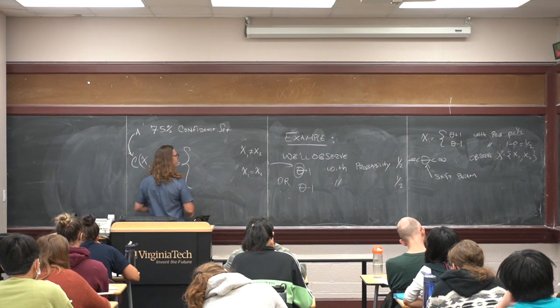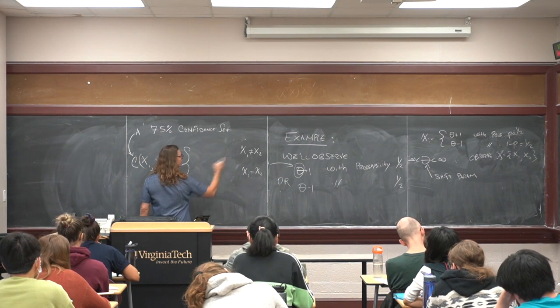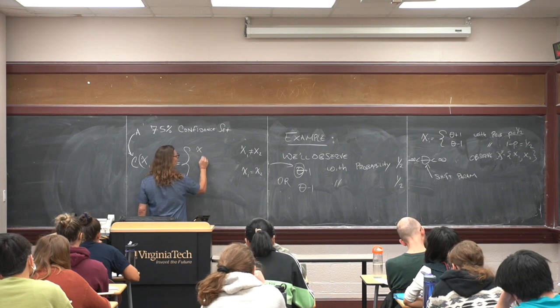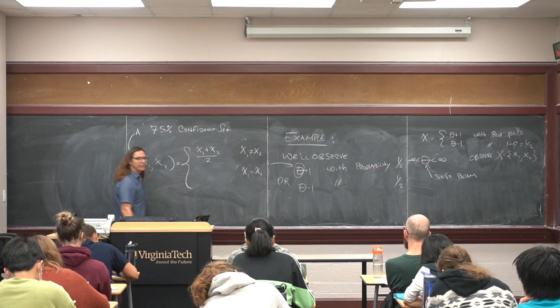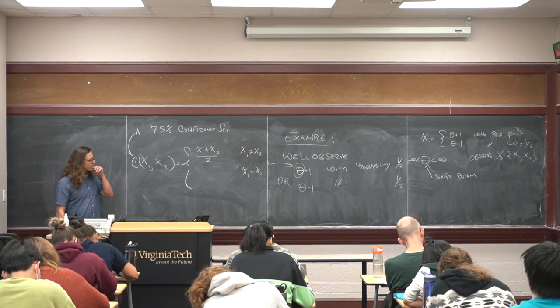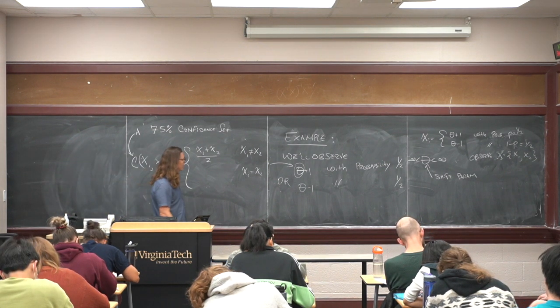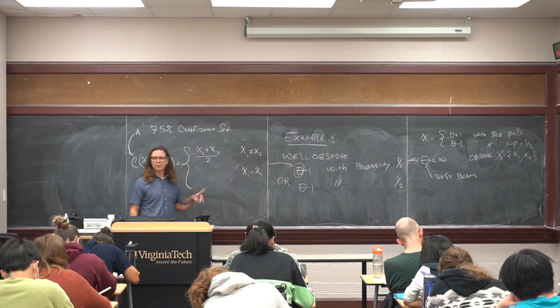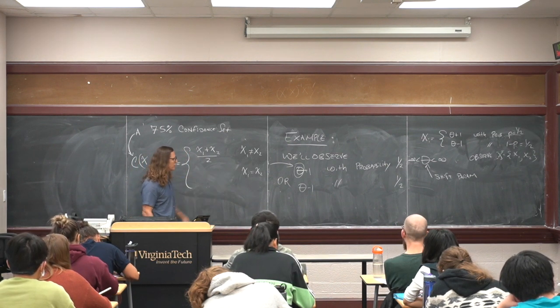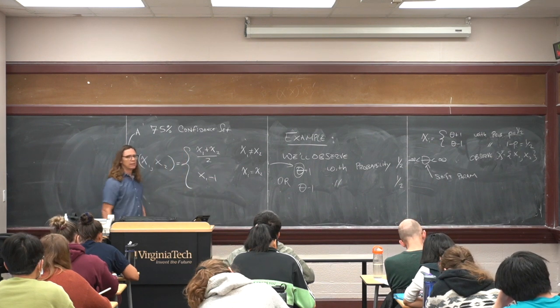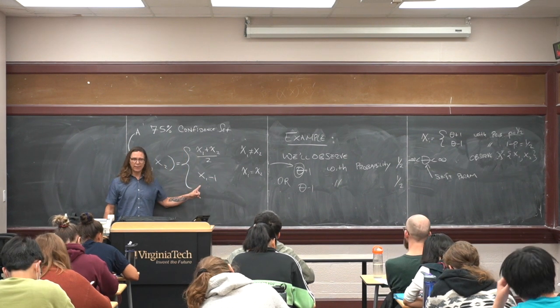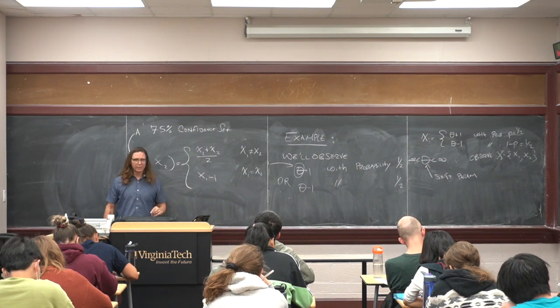So I'm going to report back this answer if these things are different. I'm going to take x1 plus x2, and I'm going to divide it by 2. And very arbitrarily, I'm going to do something different right here. So I'm going to report back x1 minus 1 if the answer is the same.